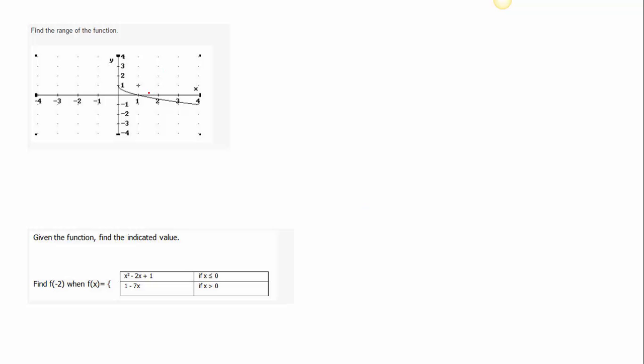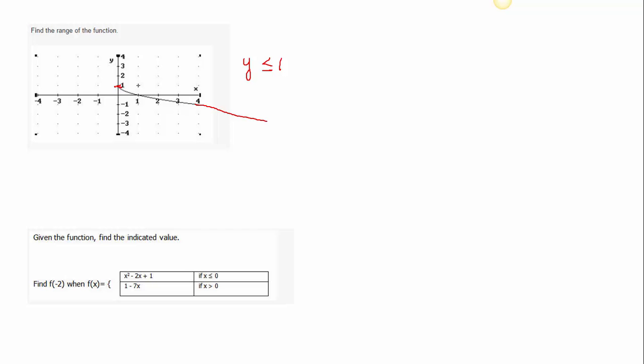Find the range of the function. Now this function starts here at (0, 1) and is decreasing, and this curve should be going down. So now we can say that y is less than or equal to 1. That would be the range of the function.